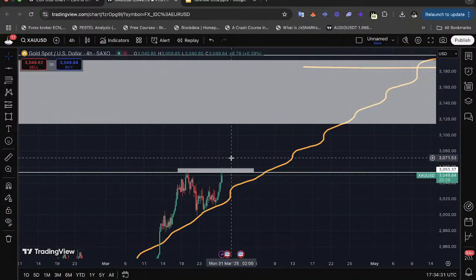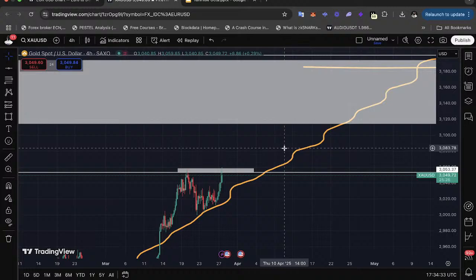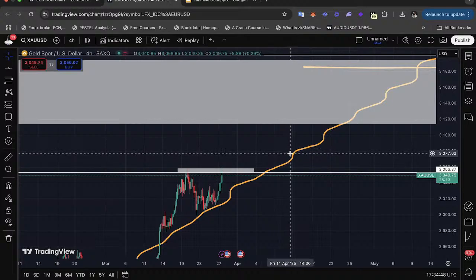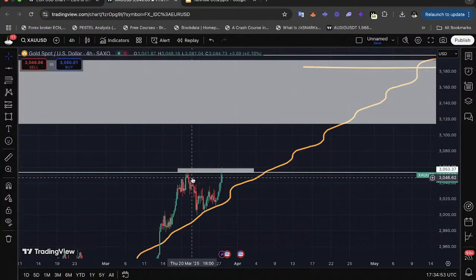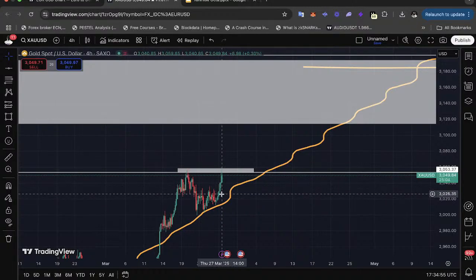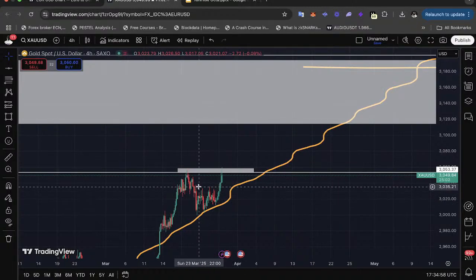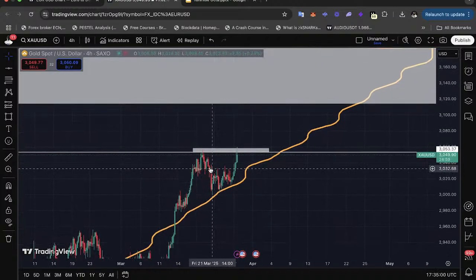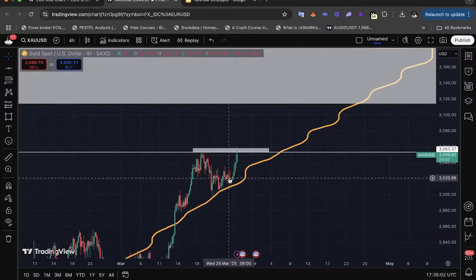Okay, so if you have any question, drop it in the chat box. Someone said there's a 4 hours big rejection wick. So to you, what does it mean when you see this? I don't quite get the question.